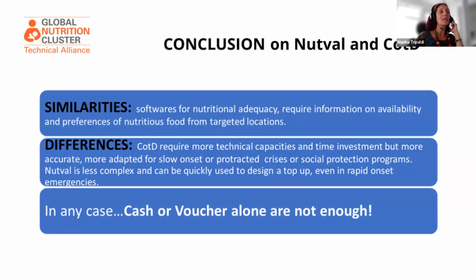But keep in mind that you will always need information on availability of nutritious food in the target location where you want to intervene, on preferences for this nutritious food from the individuals at risk, the pregnant and breastfeeding women, the children under 2, the children under 5, and also on the prices, on the affordability of these nutritious food items and the seasonal effects.